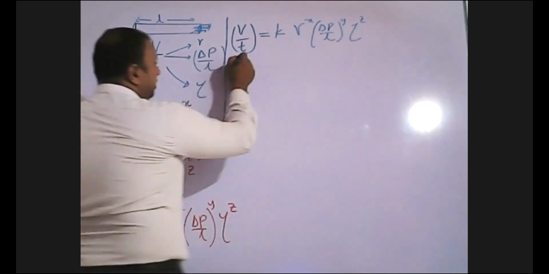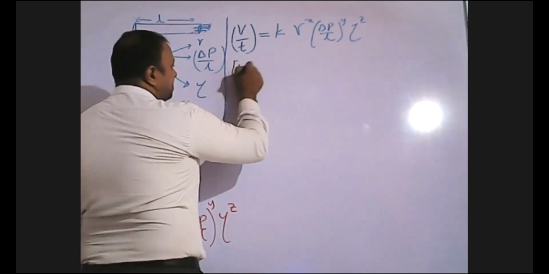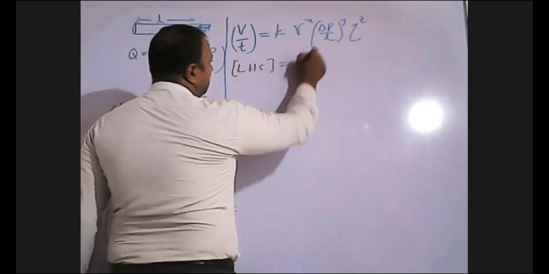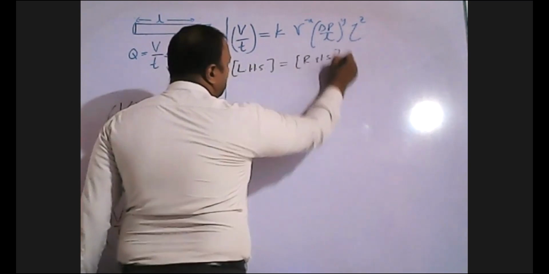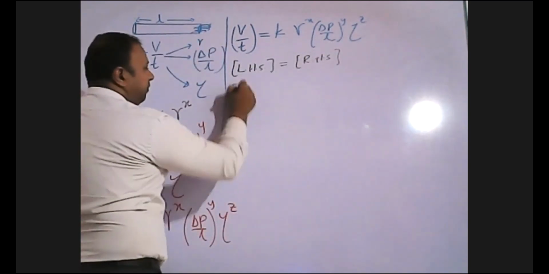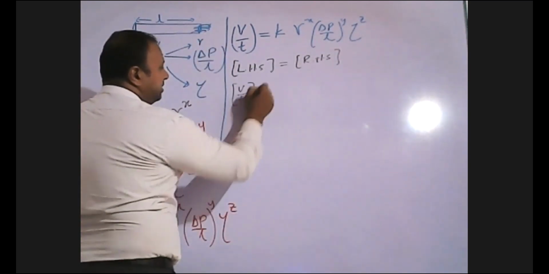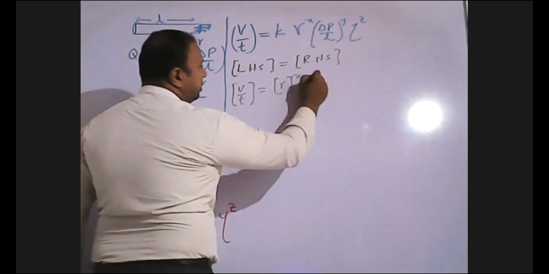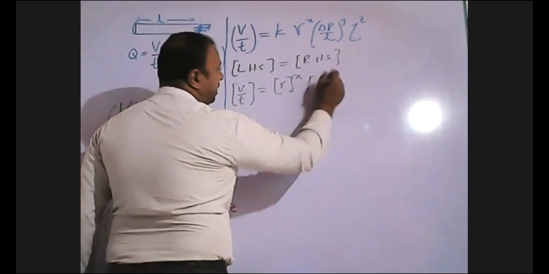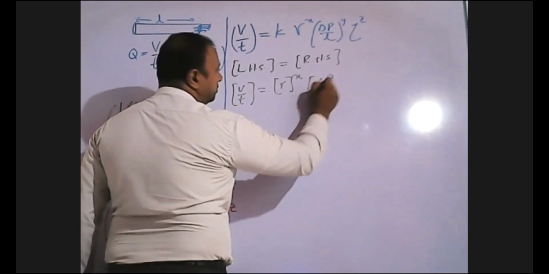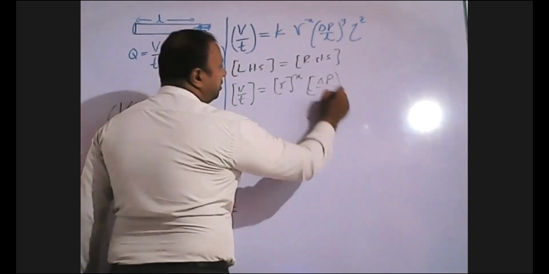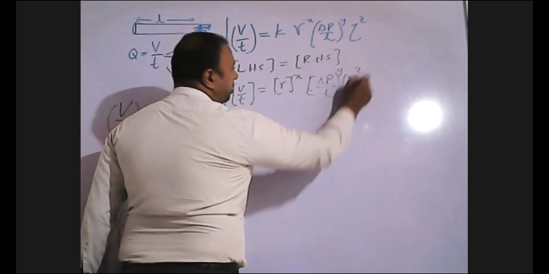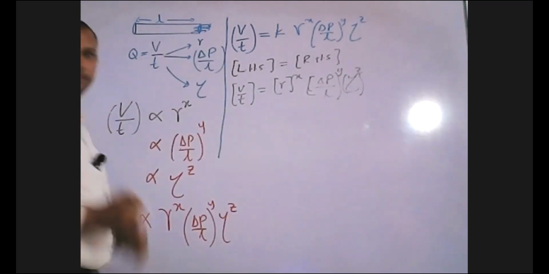So equating the dimensions of LHS and RHS, I can write the dimension of V over T is equal to the dimension of r to the power x, dimension of delta P over L to the power y, eta to the power z.